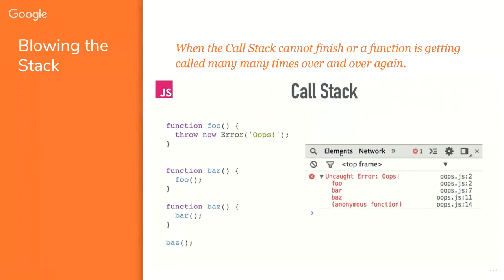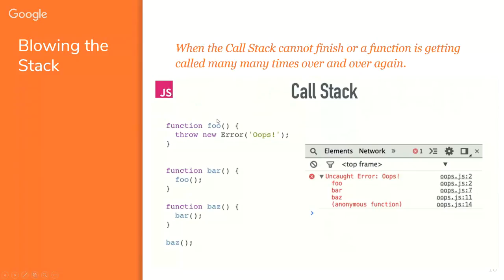This is a jargon that developers use when something goes wrong. So when the call stack cannot finish or a function is getting called many times over and over again, that's what blowing the stack means. Here you have some functions that call each other.